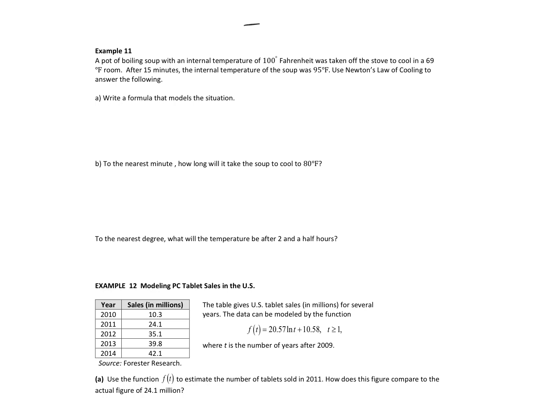So we have T of t is a e to the kt plus t sub s. And because it told me that A was the difference between the initial temperature, T sub 0, and the surroundings, T sub S, I'm going to write it like that.